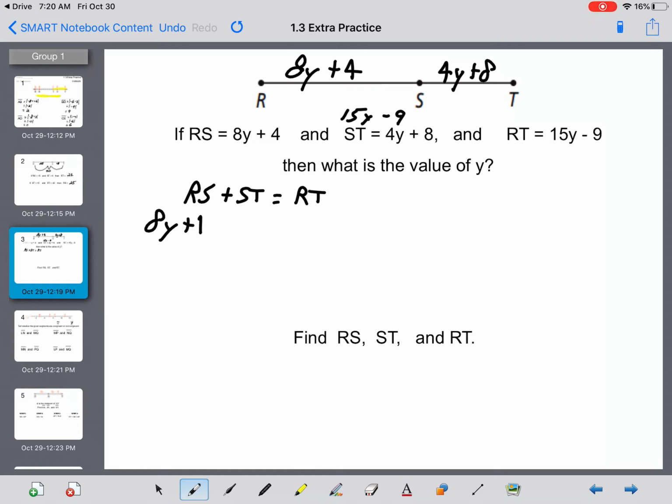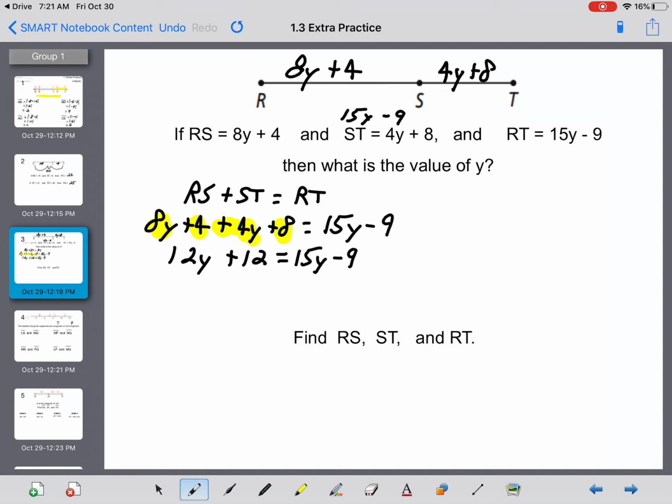RS is 8y plus 4 plus ST is 4y plus 8 equals RT, which is 15y minus 9. I'm going to combine like terms, so 8y and 4y makes 12y. 4 plus 8 makes 12, and that's going to equal 15y minus 9.